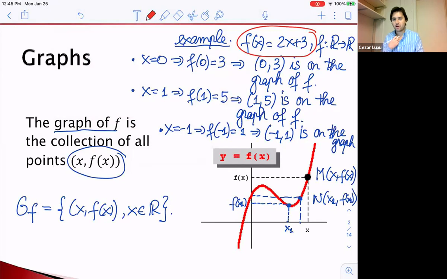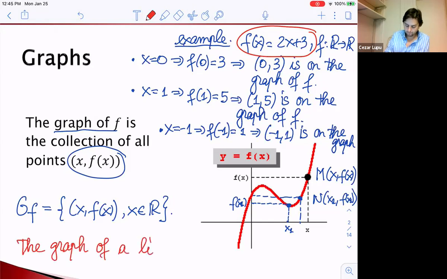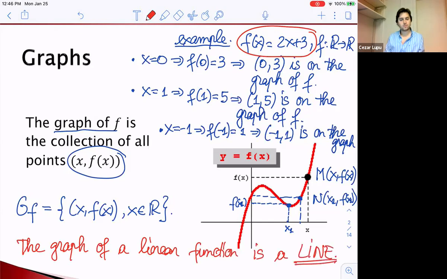The graph of a linear function will be nothing else than just a line. Let me write here: the graph of a linear function is a line. That's what you have to know.